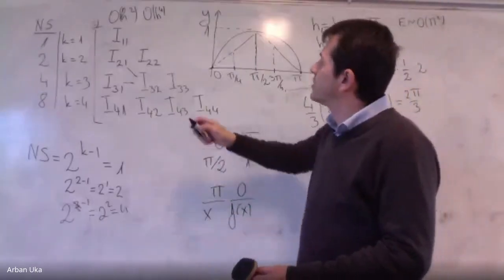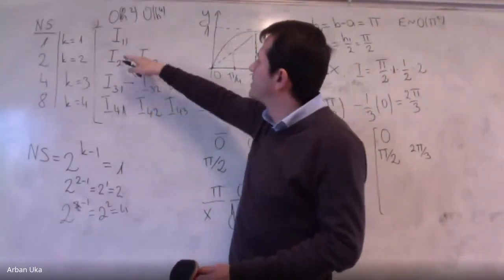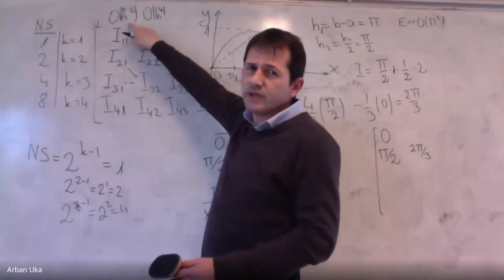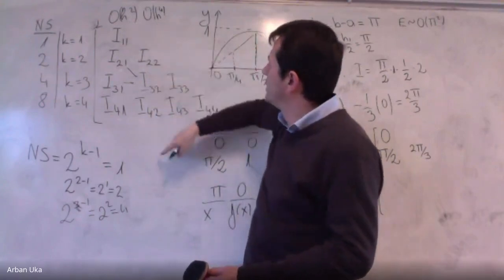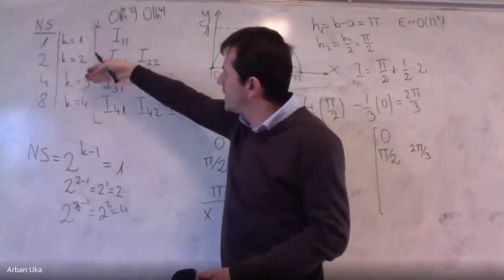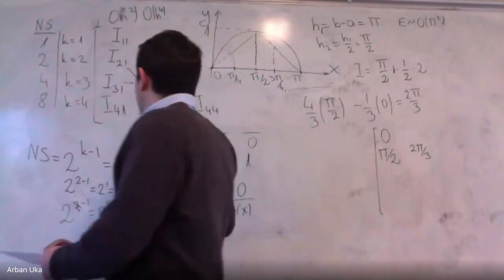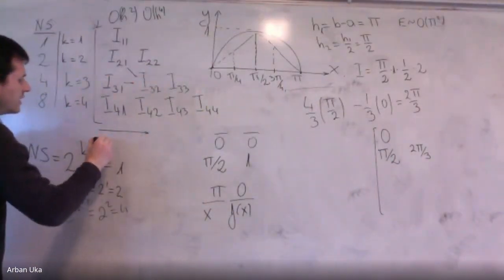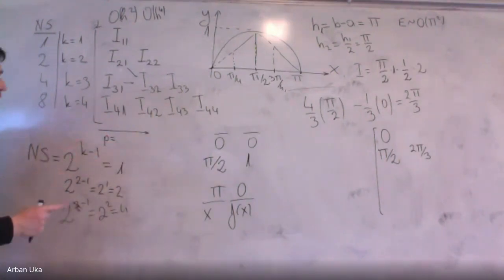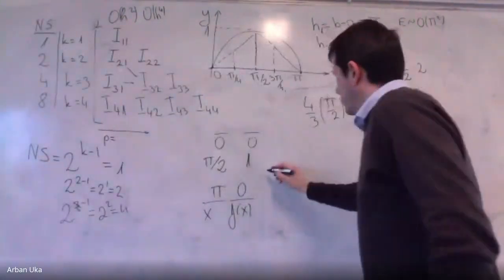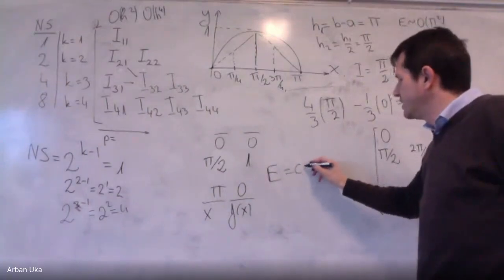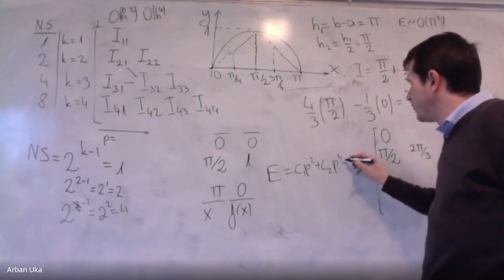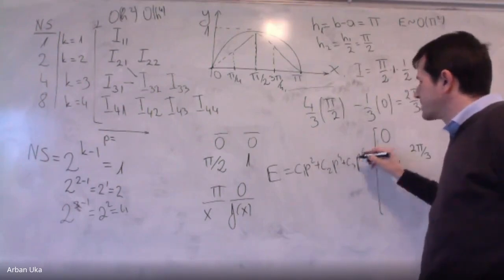Yes, that's right. So the first column has results whose error is like O(h²). Okay, the second column. If you go down like this, we are increasing k. If we move this way, we are increasing p. The p, if you remember, we wrote the error as equal to c0 h squared plus c1 h to the power 4 plus c2 h to the power 6 and so on, right?